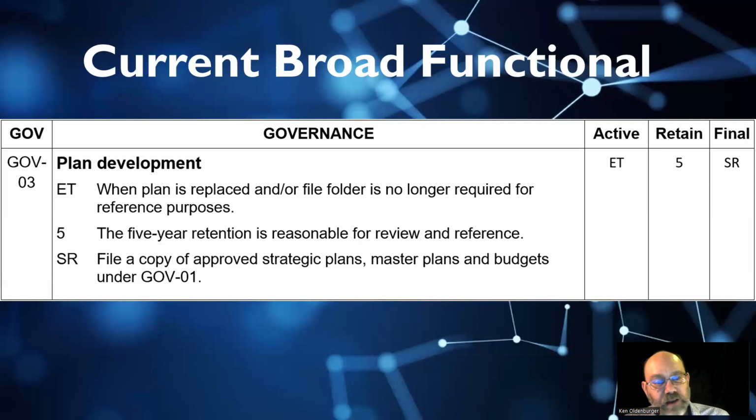So in this case, it says file a copy of approved strategic plans, master plans, and budgets under Gov-01. So we are taking significant documents out of significant files, and we're putting them under Gov-01, which is one that says we're permanently retaining these. So this is a method of very clearly and directly identifying what we are going to keep permanently. Everything else gets destroyed. Okay.